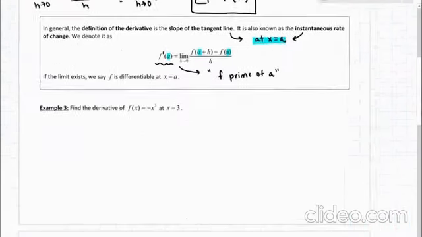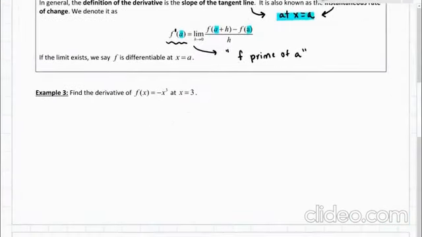So now we're going to use that definition of the derivative here in example 3. This explicitly says to find the derivative of f of x, and they're giving us the function negative x cubed, and we're finding the derivative at 3. So it means we're finding f prime of 3, and that's going to equal the limit as h approaches 0 of f of a plus h, where a is our x value.